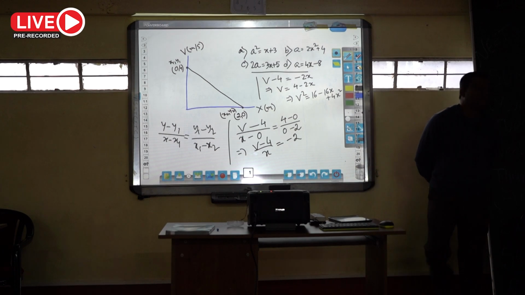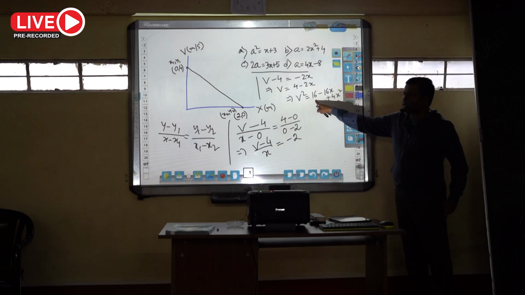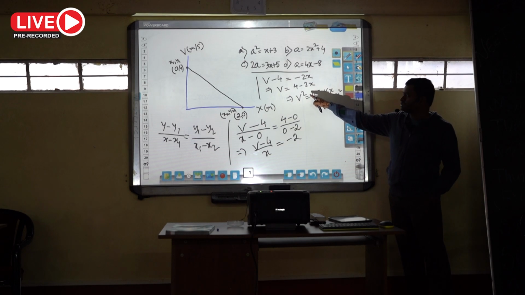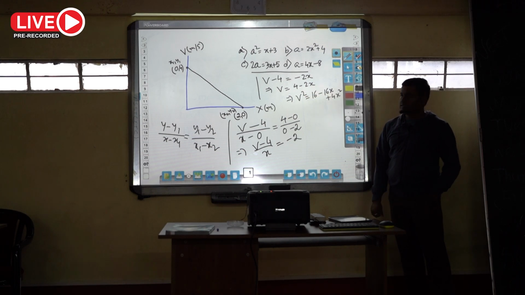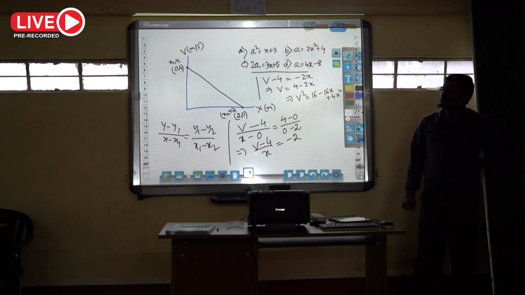Okay, I am taking a whole square of both sides. So this term 4 square, that is 16, 2ab term minus 2ab means 2 into a is 4, b is 2x. So 2 into 4 into 2, that is 16 into x plus 4x square.